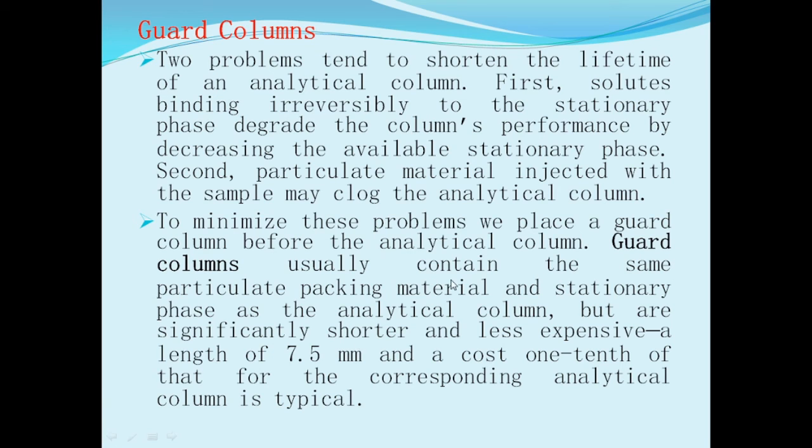Guard columns usually contain the same particulate packing material and stationary phase as the analytical column, but are significantly shorter and less expensive, a length of 7.5 mm and a cost 1/10 of that for the corresponding analytical column.